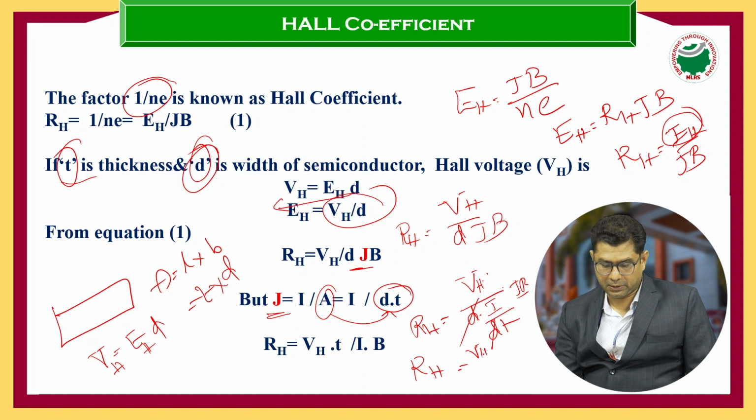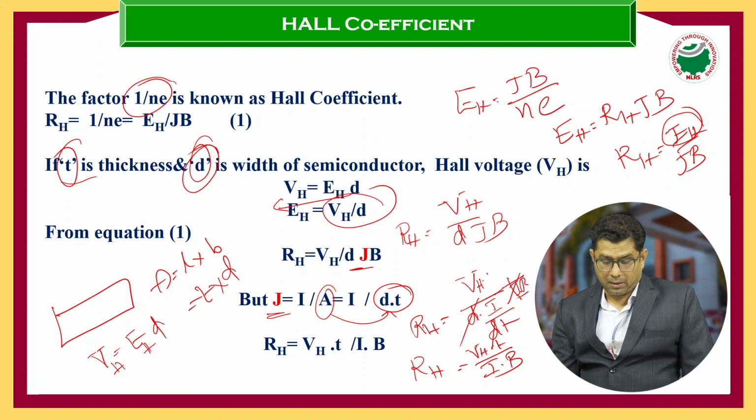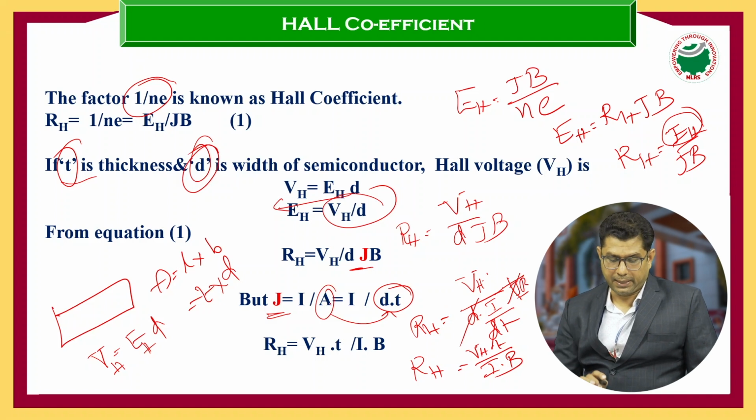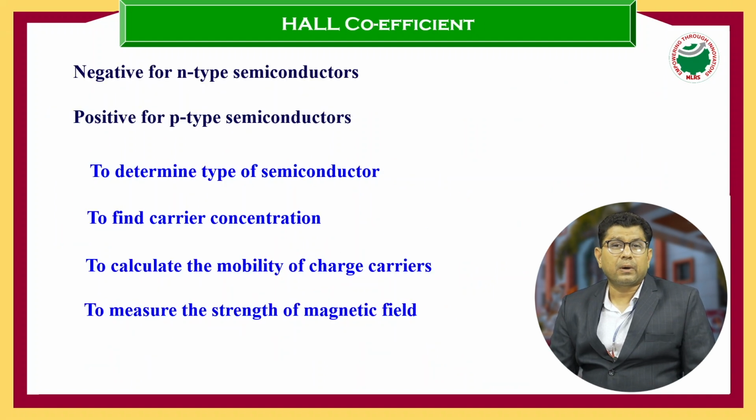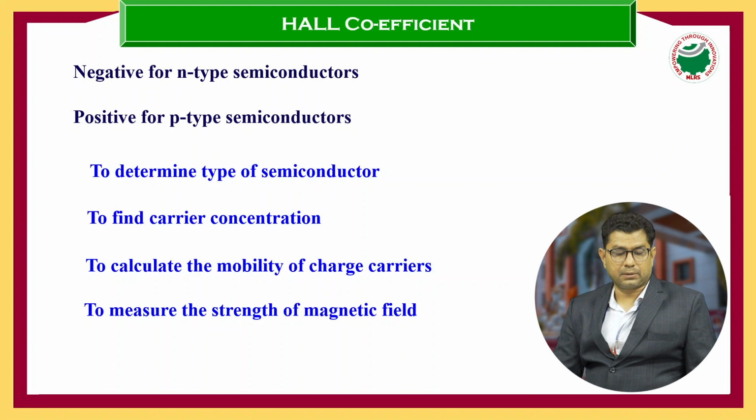RH equals VH into T by I into B. Here J is already replaced as I by D T. J is nothing but current per unit area.